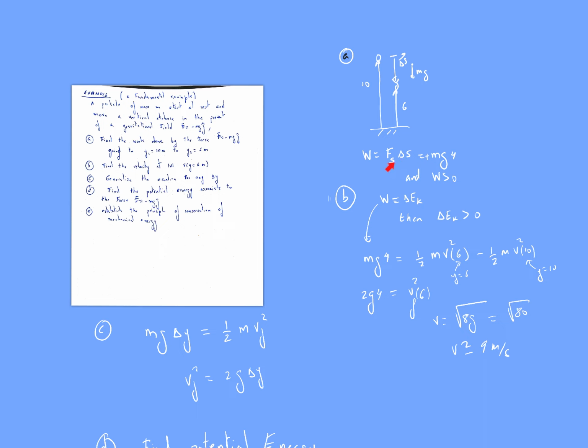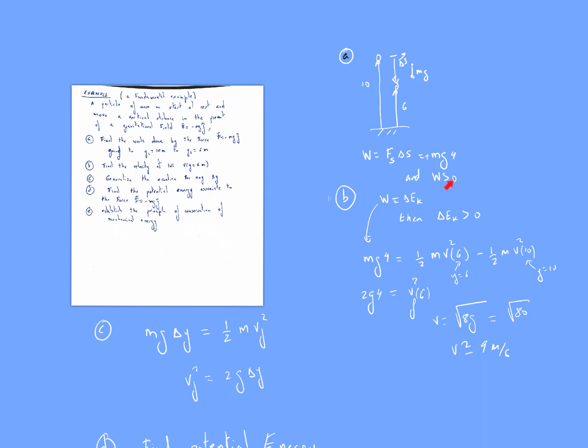The force is plus mg, and the total displacement is 4 meters, from 10 to 6. So the total work is mg times 4. Pay attention: m is positive, g is positive, 4 is positive, so the work is positive, and it should be positive because mg and delta S are both going downward.